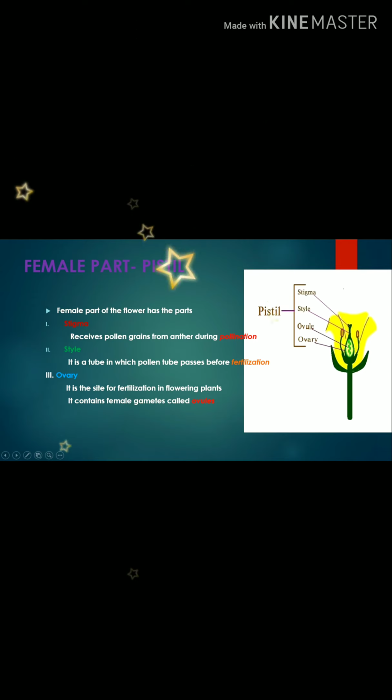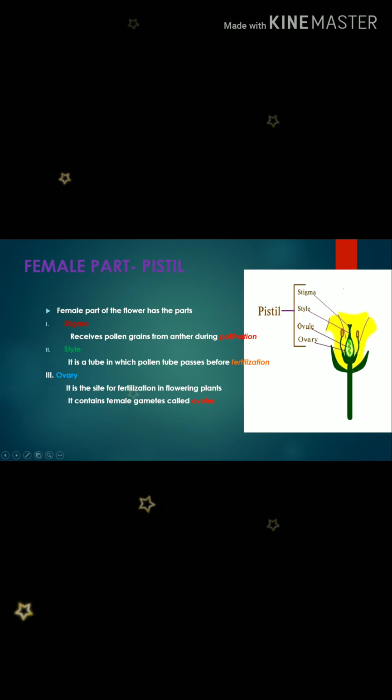But also we have another part known as style. It is a tube through which the pollen tube passes before fertilization. We are going to learn in detail the process of fertilization in plants. We have ovary. Ovary is the site for fertilization in flowering plants.